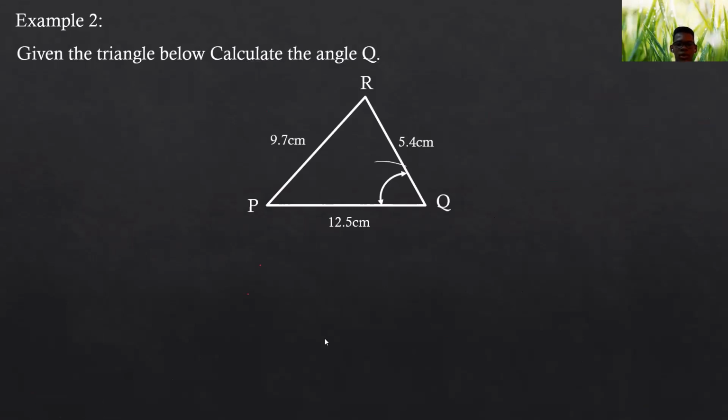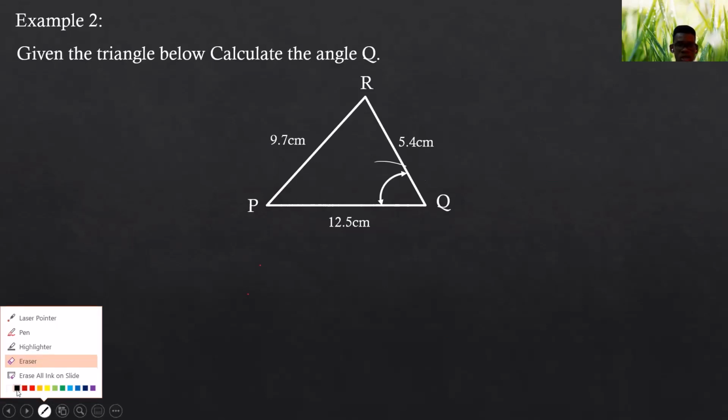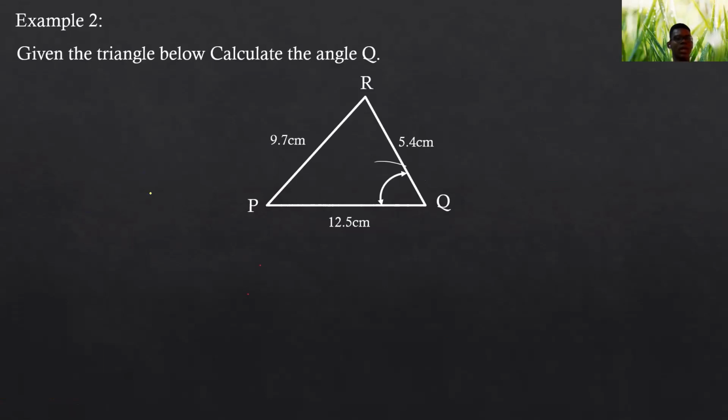Well, it's the same formula, but the approach is we got to do some rearranging to find the angle, right? We're solving for the angle and not the side. So again, you need to look for the V, but the angle in the middle is missing. So the V is there, but the angle in the middle is missing. So given the triangle below, calculate Q.